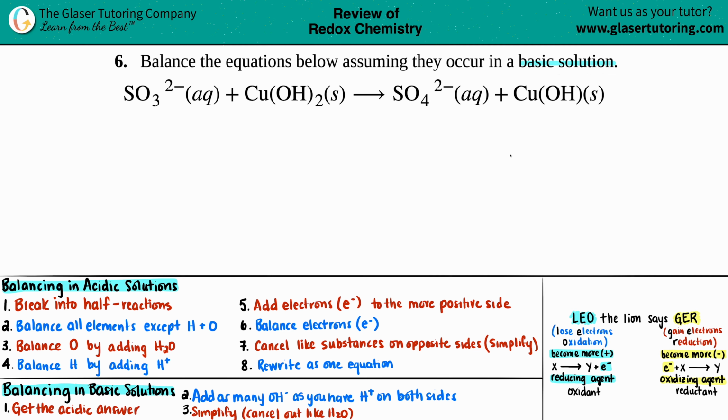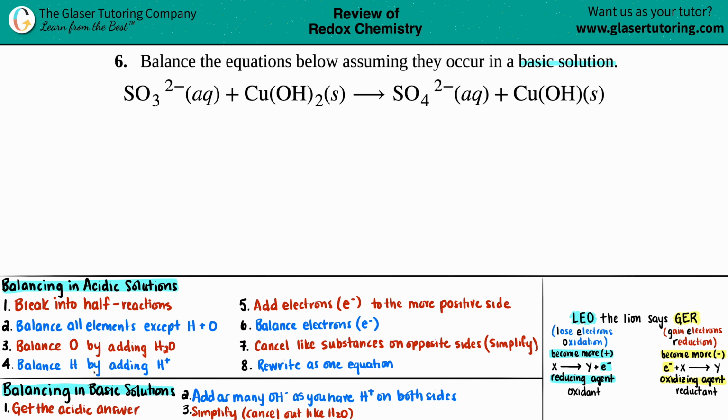Whenever they tell you that we're balancing in either an acidic solution or a basic solution, we have rules. This is not normal balancing where we just use coefficients. There's rules to the madness. For these problems to work, it's best to memorize all the steps that I have laid out here for you.